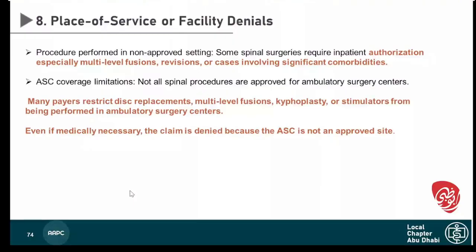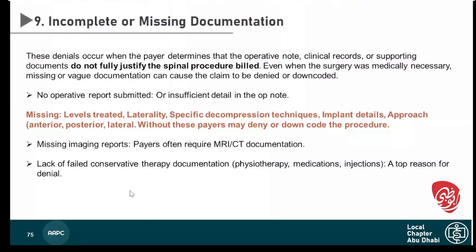Then incomplete or missing documentation. Of course, the specificity should be there: the levels treated, laterality, specific decompression techniques, and implant details, everything should be there. Otherwise, sometimes rejection may happen. So this is about the denials.